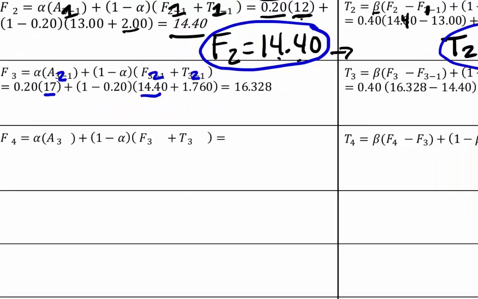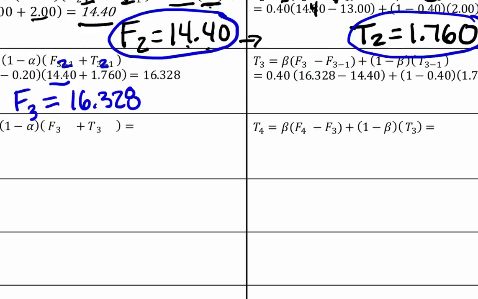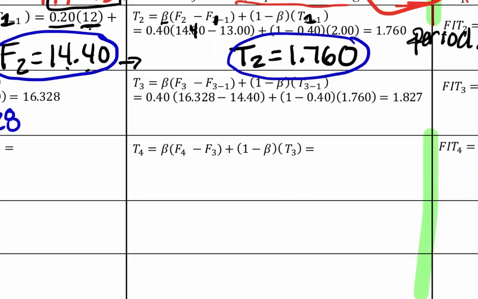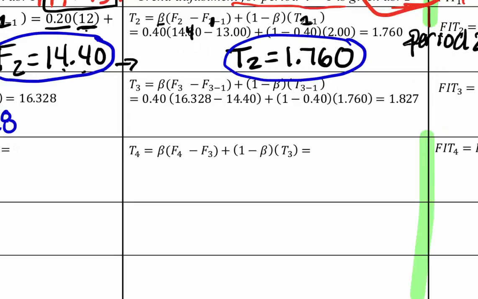So we end up with f of 3 is equal to 16.328. And then we go over here to t, and we're going to do the same thing as we did before, right? We now have f of 3, which we just calculated.